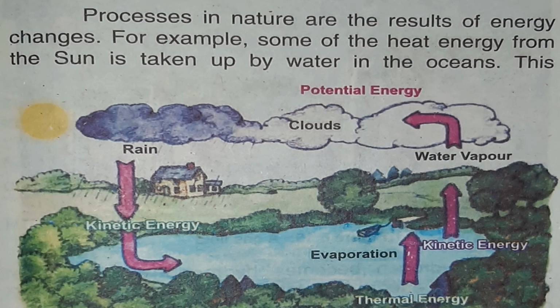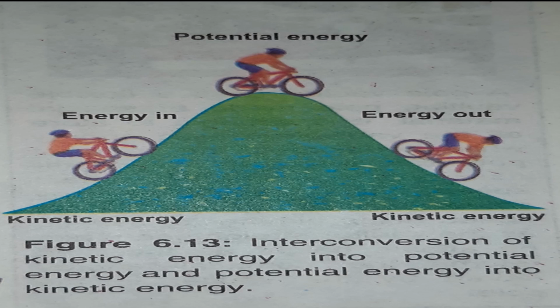So here in the second photograph you can see a cyclist. The cyclist, when he is on the smooth horizontal ground at the bottom of the hill and he is trying to climb the hill, has in the beginning all the kinetic energy, and when he reaches the top of the hill he has the potential energy, and when he again comes down from the top of the hill to the level ground, his potential energy is being converted into kinetic energy.